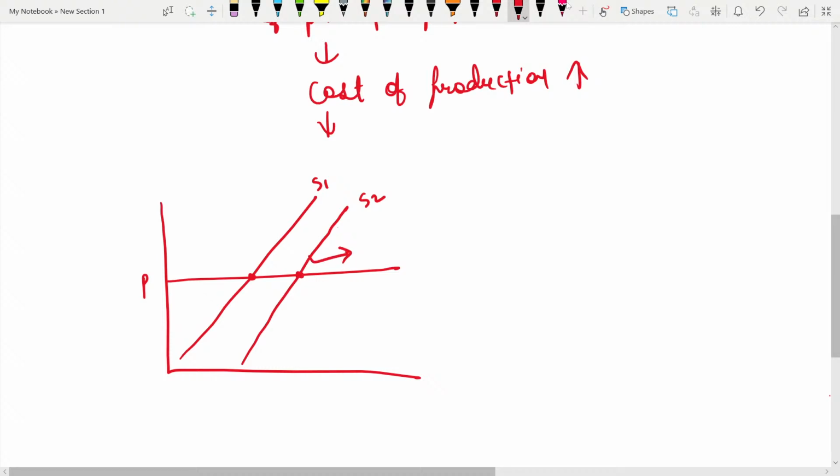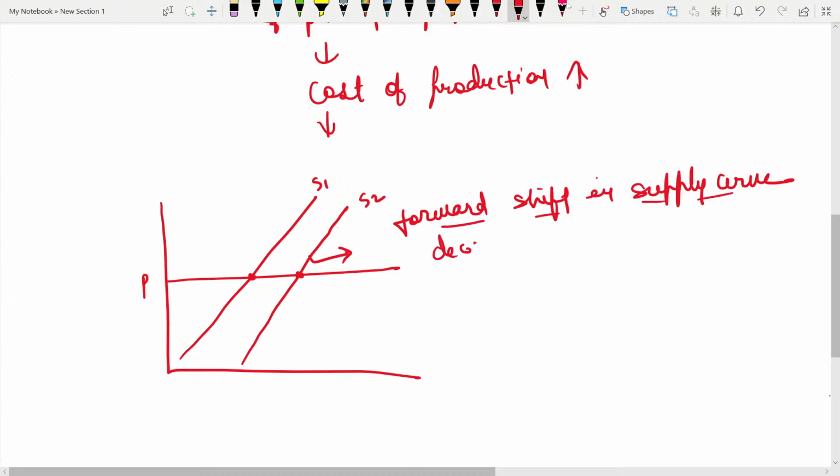This supply curve shows that the supply curve shifts forward in case of decreasing input price. Forward shifting supply curve, decreasing input price.